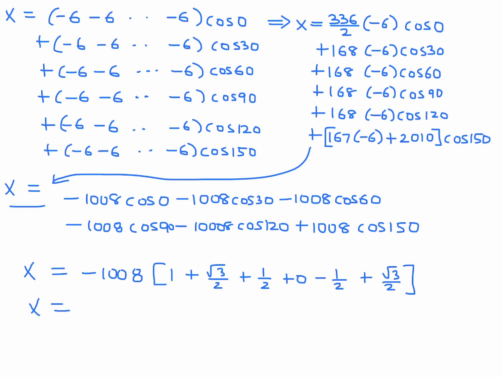And when you add all these up, everything in the brackets simplifies to, well, these two cancel, and then it just is 1 plus root 3. And there we go. All that hard work to get the final answer for x.